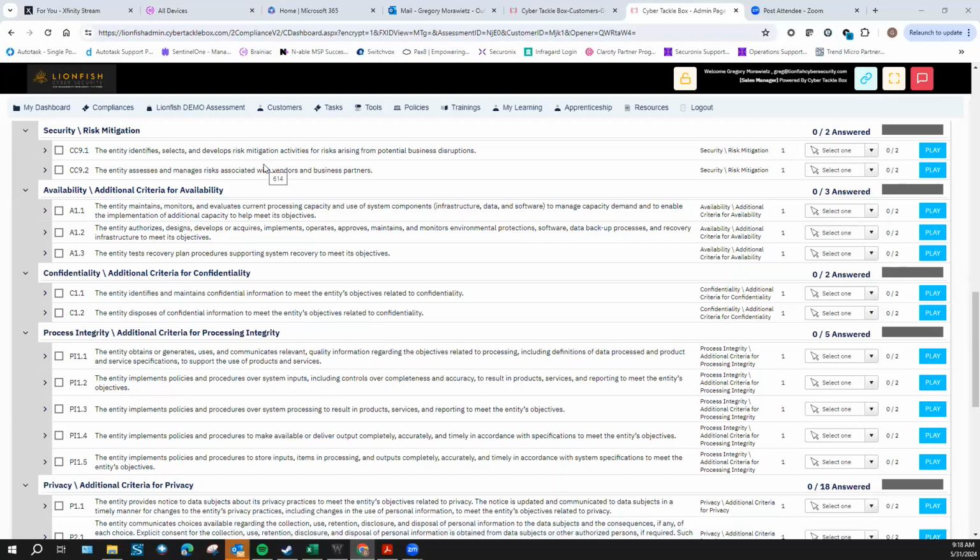The entity authorizes, designs, develops, or acquires, implements, operates, approves, maintains, and monitors environmental protections, software, data backup processes, and recovery infrastructure to meet its objectives. So this is talking about having backups, antivirus, RMM, vulnerability scanning, and you're going to want to make sure that's all implemented, it's all working, it operates, that you monitor your backups and your environment is protected.